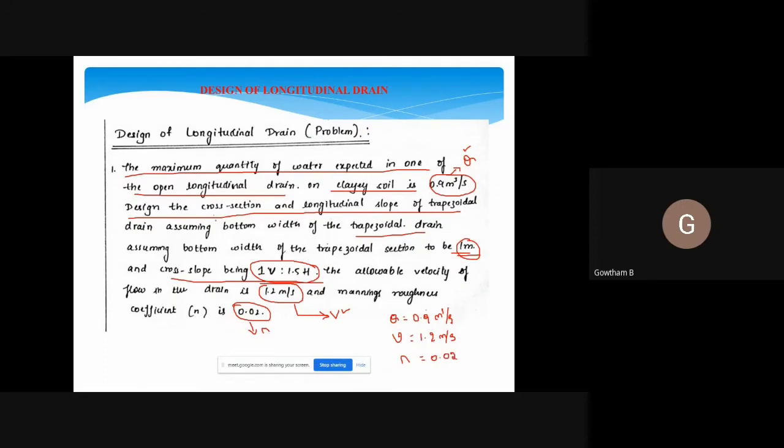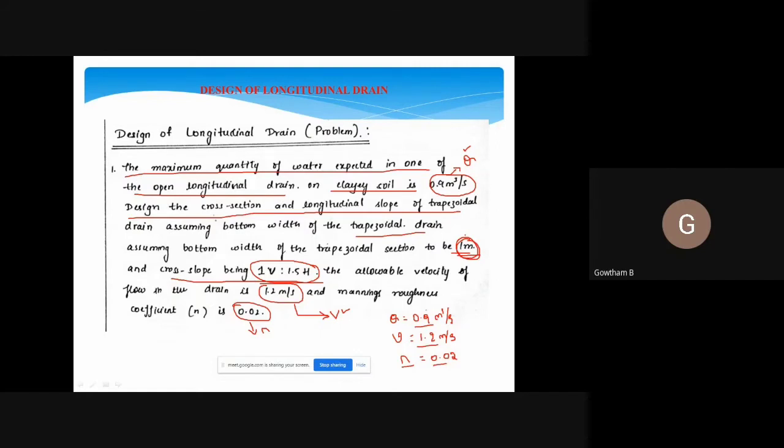Now we have to design a trapezoidal section which will have a discharge of 0.9 meter cube per second and a speed of flow of water of 1.2 meters per second, with Manning's coefficient 0.02, and the bottom width of the trapezoidal section you can assume as 1 meter.